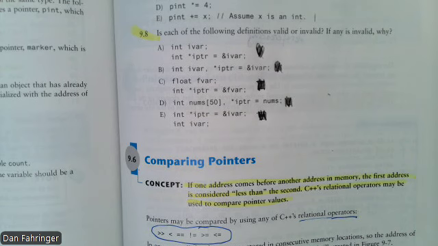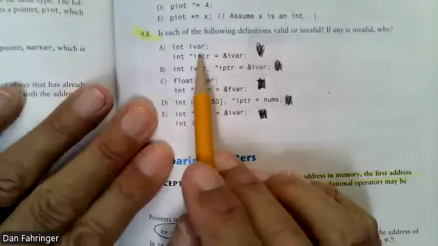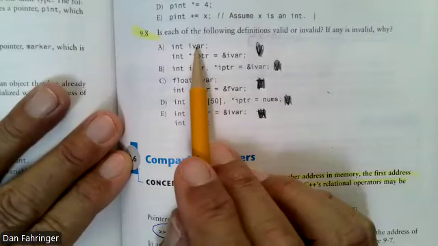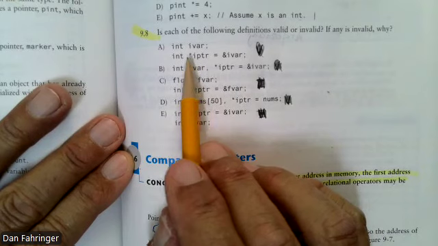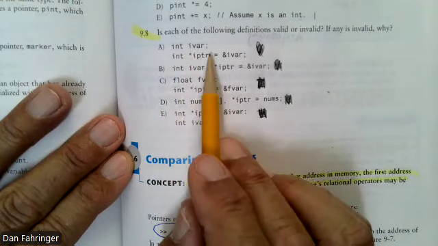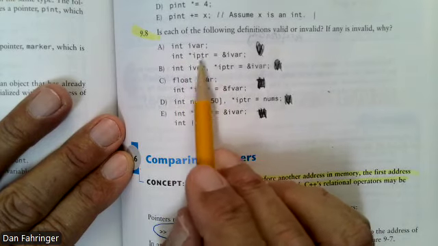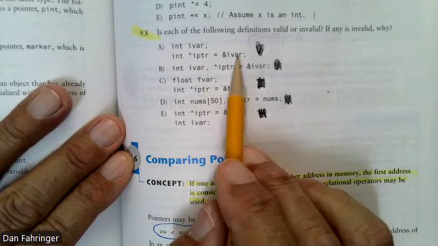I think it looks right. Yeah, A is valid. Okay, so I have a variable ivar, and I'm saying, remember, this is just declaring. I'm not dereferencing yet. I'm declaring a pointer, and it's getting the hex, getting the address.